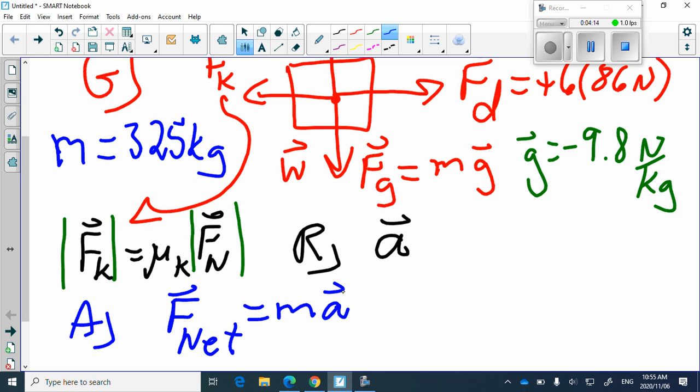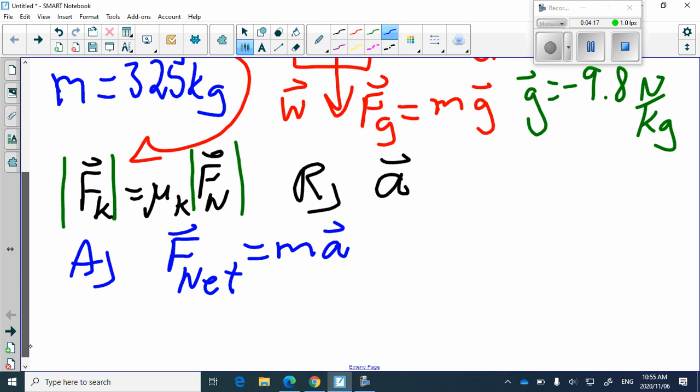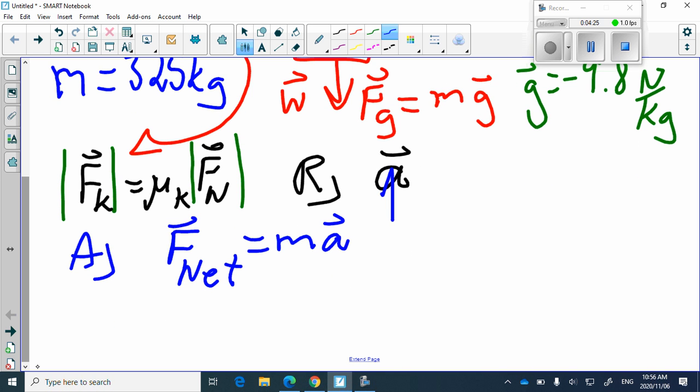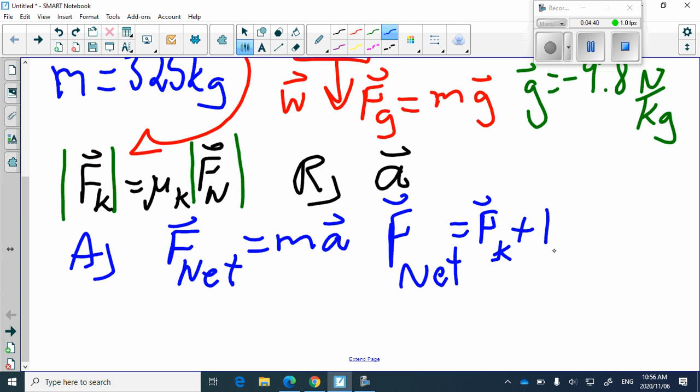But a few moments ago, I told you, kids, if you write down F net equals ma, you must always write down what F net is. F net is the sum of all forces, which in this case would be force of kinetic friction plus force of the dogs, plus the normal force, plus the force of gravity on the object because it's near the surface of the Earth.